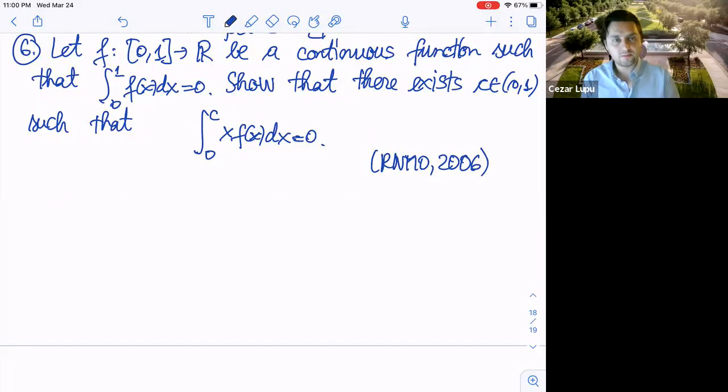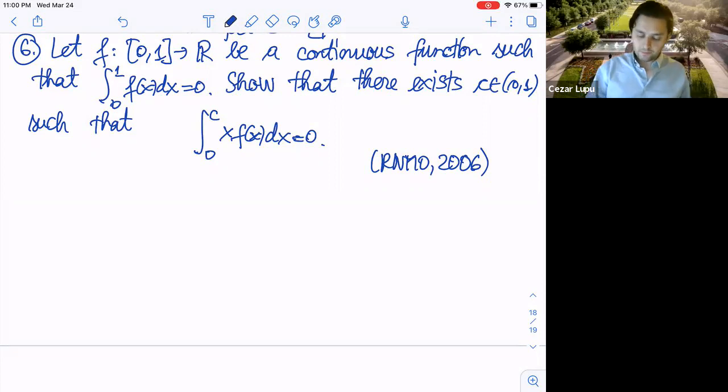In fact, I'll just make a small comment here: you can replace that x with any function, let's say phi or whatever function that has certain properties. Then you can view this integral as the Volterra operator. So basically it tells you that the Volterra operator has a 0 in some function space. All right, but this is the simplest case, let's say.